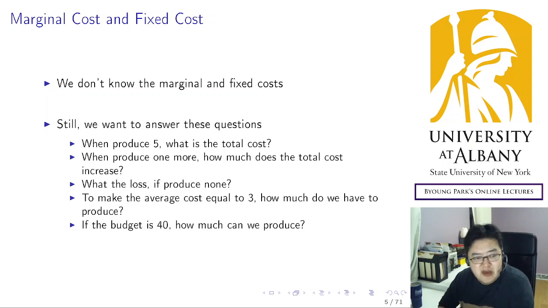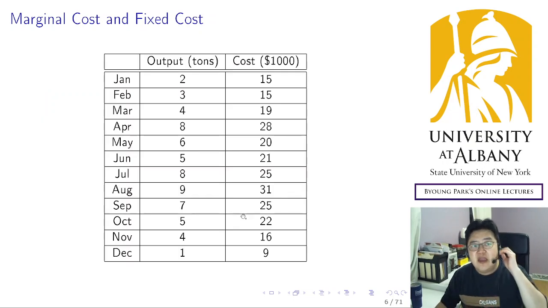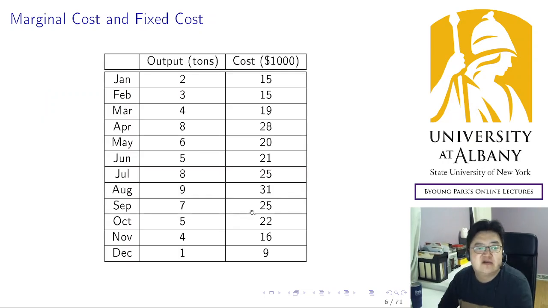As you just saw, we need to know the parameters to answer those questions, right? I prepared an imaginary, fake data set. It's data I made up. Suppose that your firm has output and cost, and this is what you observe.